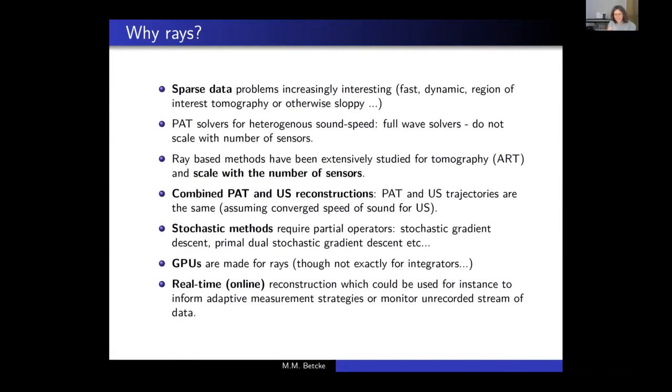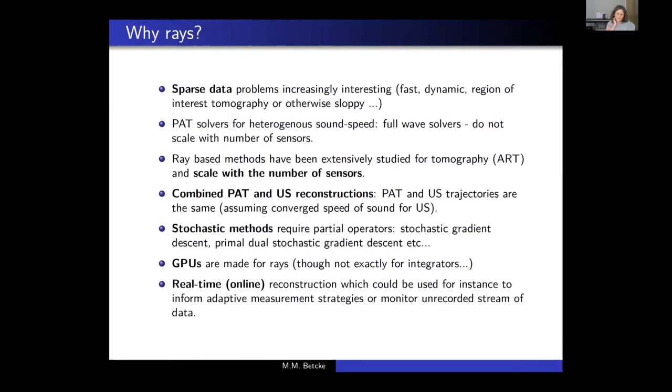But this view is still valid if you have huge problems, and it's also immediately valid if you have only sparse sampling.